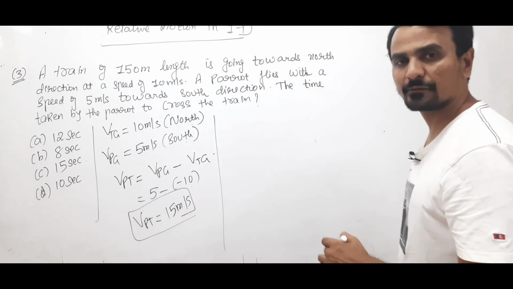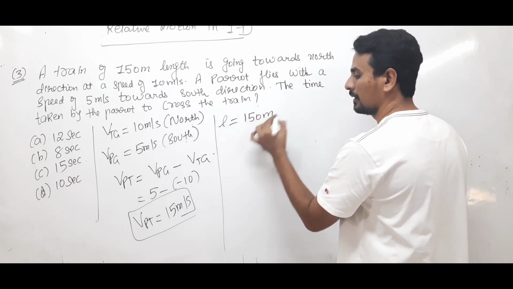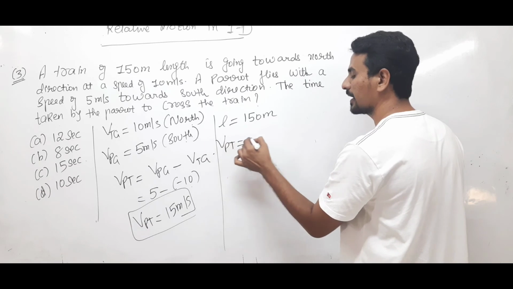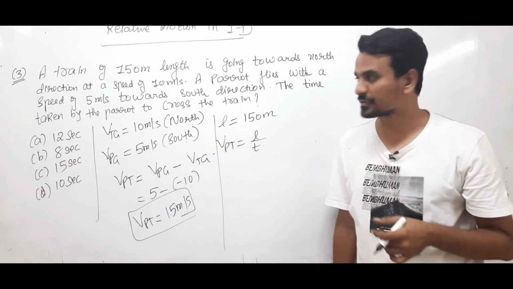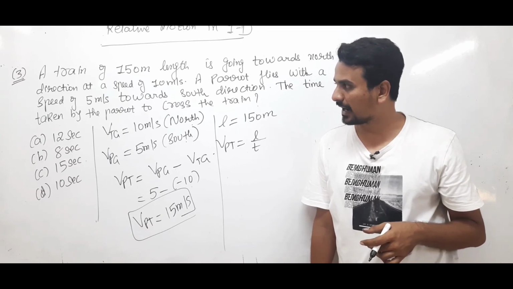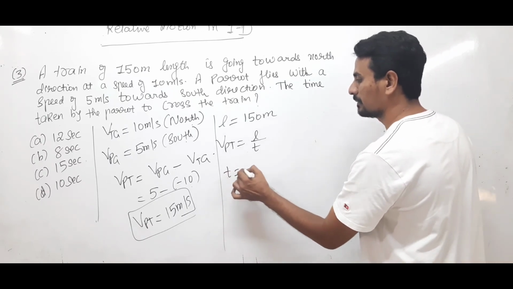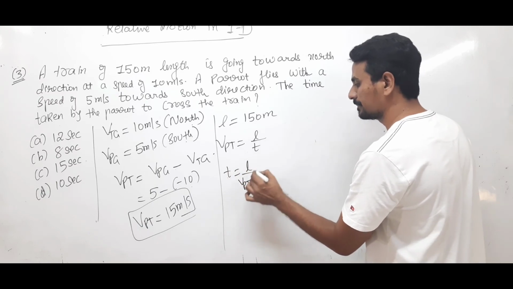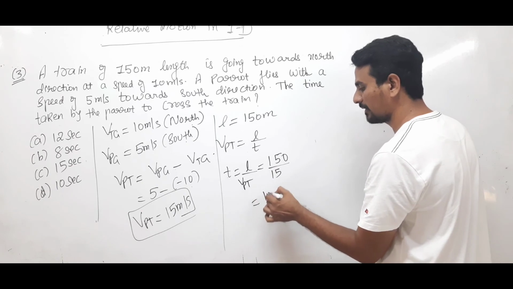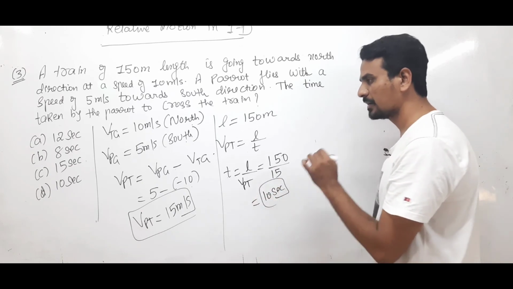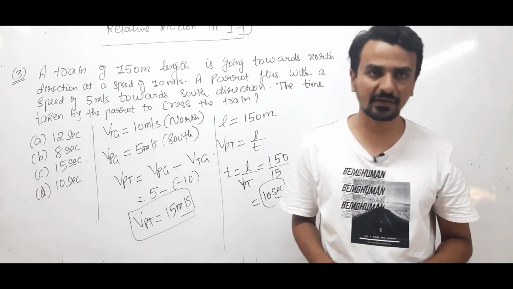The length of the train is given as 150 meter. Velocity is displacement by time. We have been told to calculate the time taken by the parrot to cross the train. So parrot will take 10 seconds to cross the train whose length is 150.